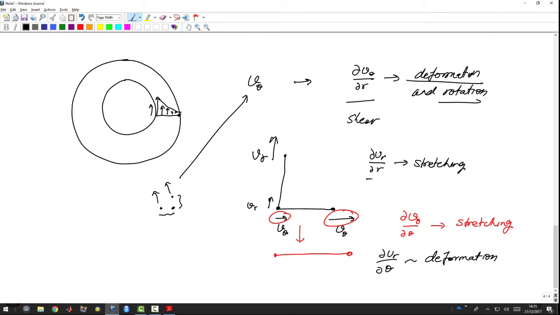So what we can see is r, theta, theta, r, theta, theta, r. The diagonal components will tell us about stretching, and the off diagonal components will tell us about deformation. And if we have a wire like this in the fluid, and with time this wire keeps on doing this kind of a motion, we can clearly see that this is a rigid body rotation.